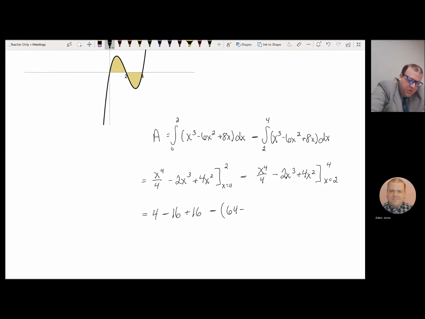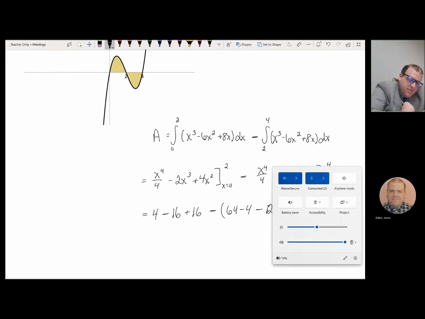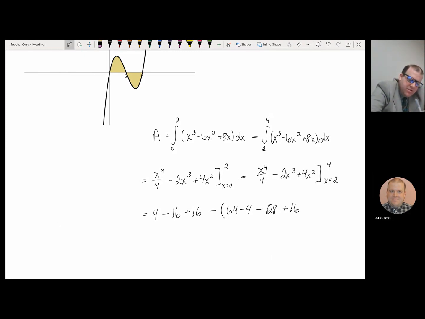Minus 2 to the fourth over 4. It'll be minus 2 times 4 cubed minus negative 2 times 2 cubed. Plus 4 times 4 squared minus 4 times 2 squared.